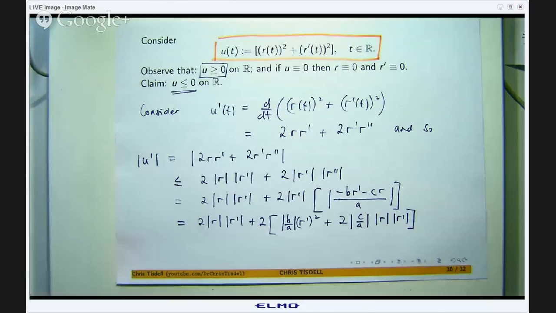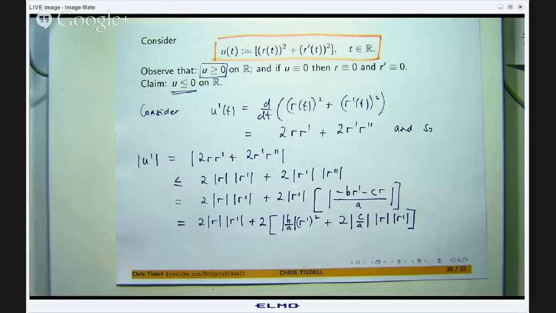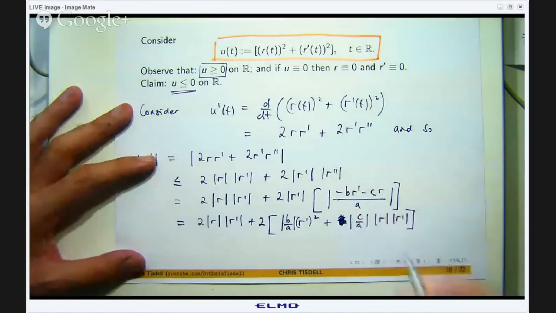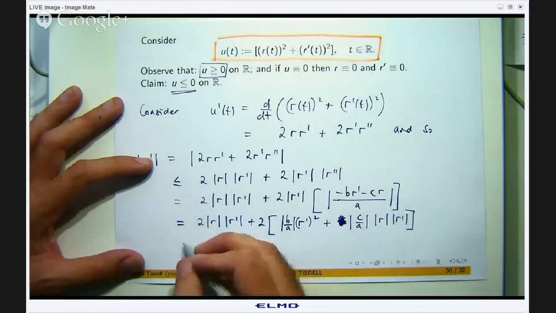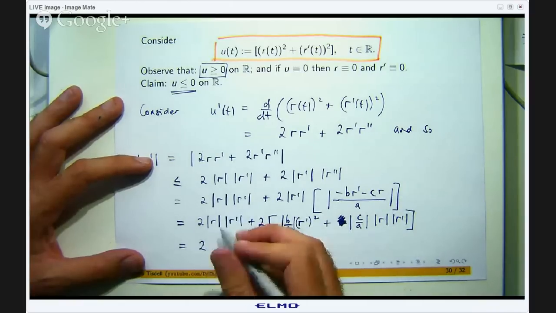Okay, so now I've got an r dash squared here, and I can try to work on these things. So let me just bring those together.